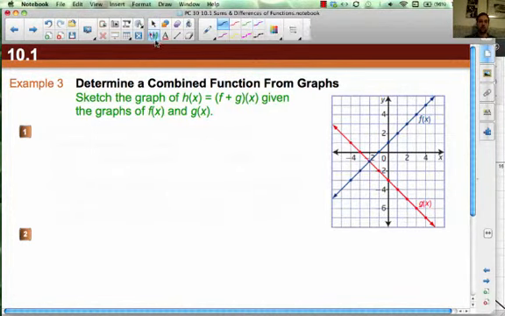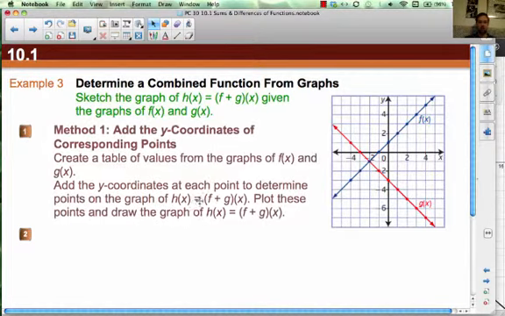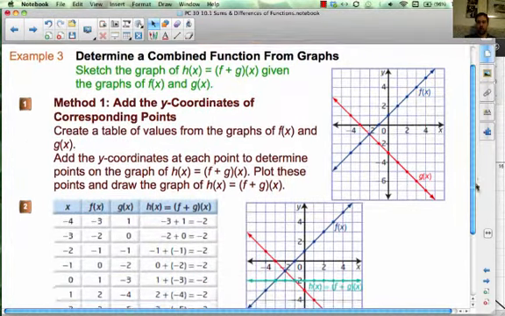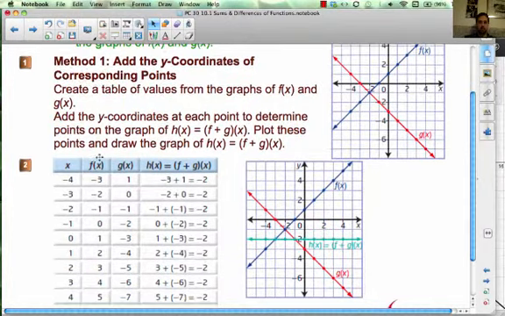The first way is just list a whole bunch of points and then add the y values and get the new points for the new graph. So if we choose a whole bunch of x values and plug them into both of the original equations, we can easily find the new value for the combined, the sum equation here.